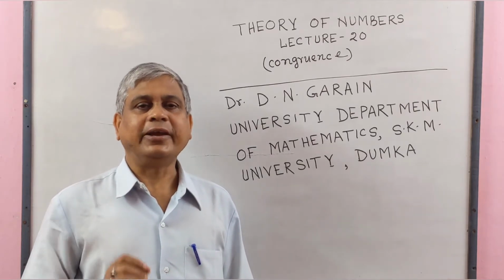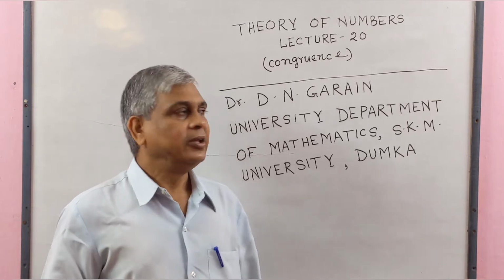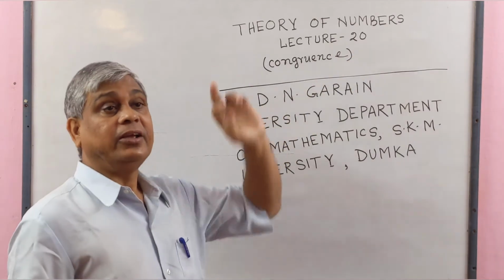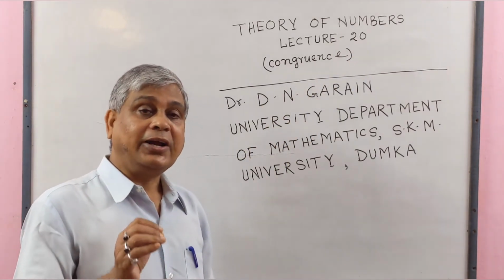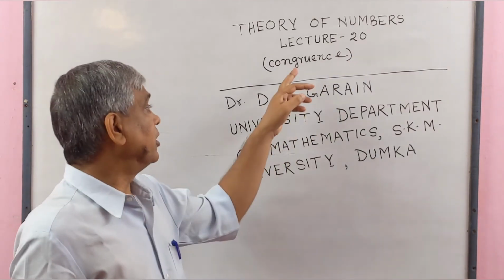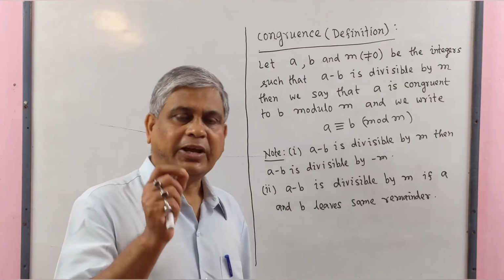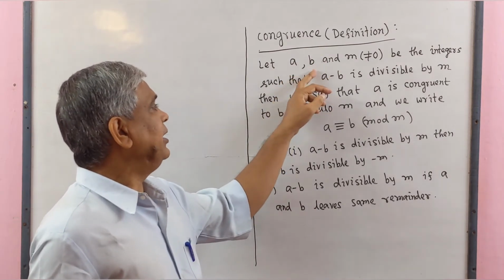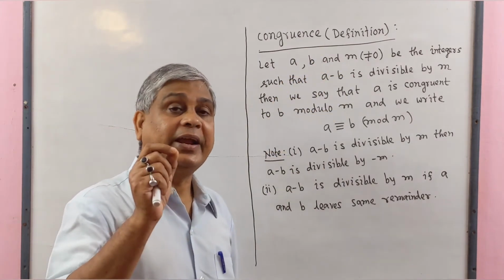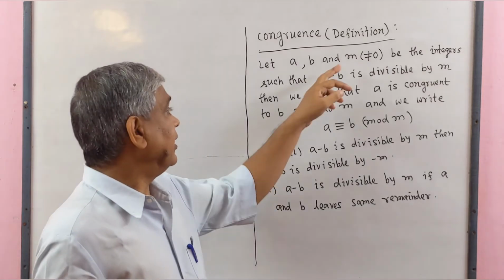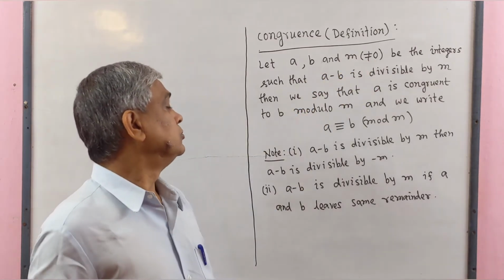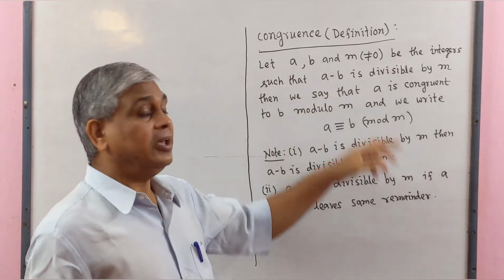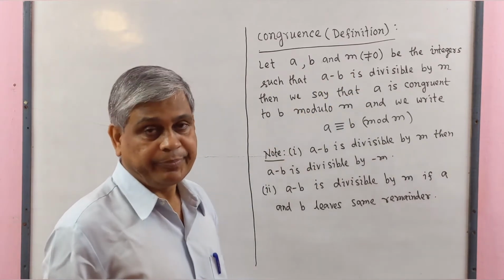Today I will deliver a lecture on theory of numbers, lecture number 20, in which I will discuss congruence. Now we define congruence. Let a, b and m be three integers, with m not equal to 0, such that a minus b is divisible by m.